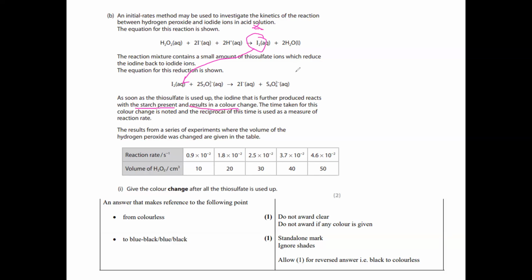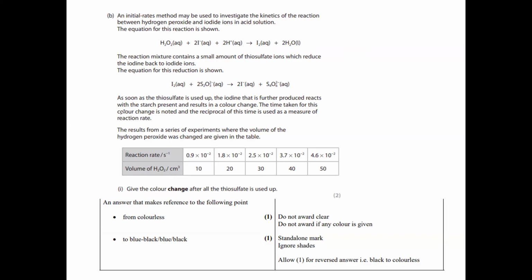So when I see the color change, I know that enough iodine has been produced to neutralize the thiosulfate sample I have added. Why do we do this? Because this iodine production is really fast. So if I don't have this thiosulfate, what will happen? In no time, the iodine will give us a color change. That's not enough time to measure. That's why we try to delay the observation by adding thiosulfate.